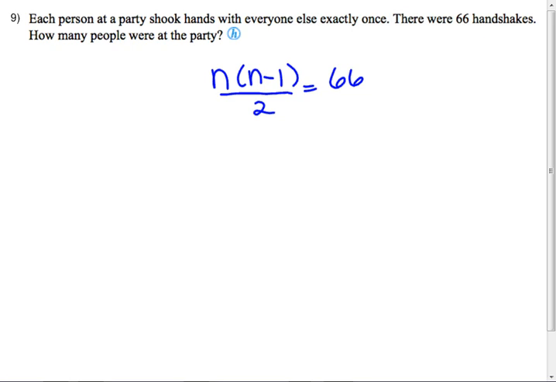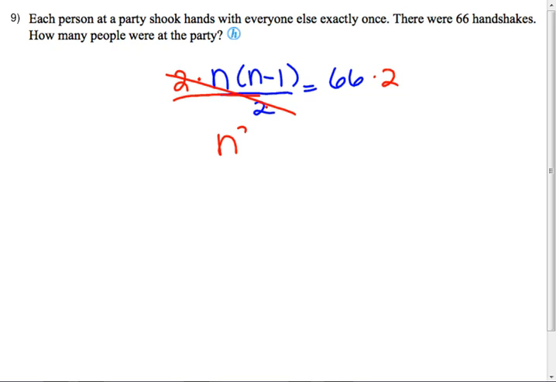Where's my answer book? 66. Okay, so first now this feeds right back into that distributive property again. I would multiply by 2 here and by 2 there. I either can reduce the 2's and then distribute, or I could distribute, but you can't distribute the n and then distribute the 2. It's not going to work.